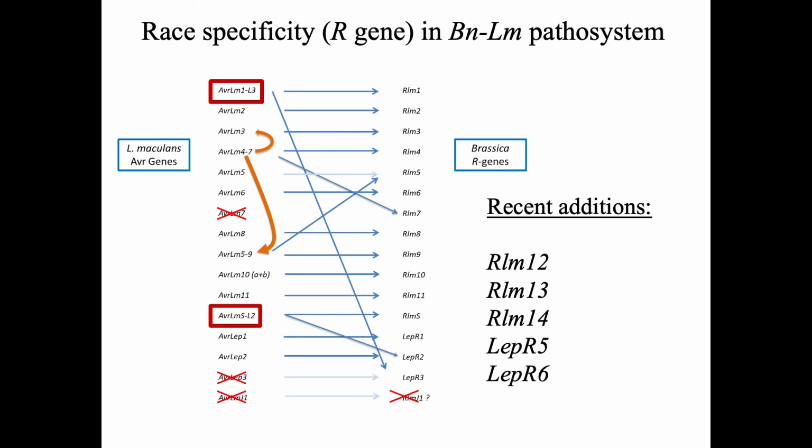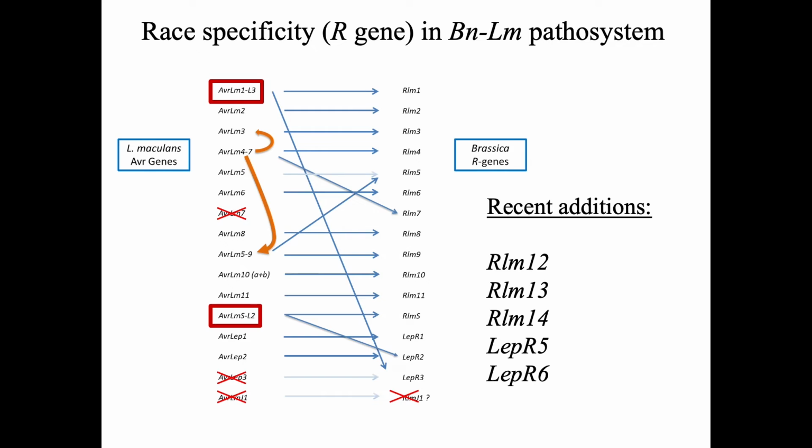There are cases where one AVR gene responds to more than one resistance gene, for example AVR-LM1 against RLM1 and LEPR3. We have recently cloned AVR-LEPR2 in collaboration with Thierry Roussel's group. In parallel work, they identified AVR-LM5, and we realized that we were working on the same gene, and we have submitted a paper for this. AVR-LM5 and AVR-LEPR2 are the same allele, and they respond to RLM5 and LEPR2.